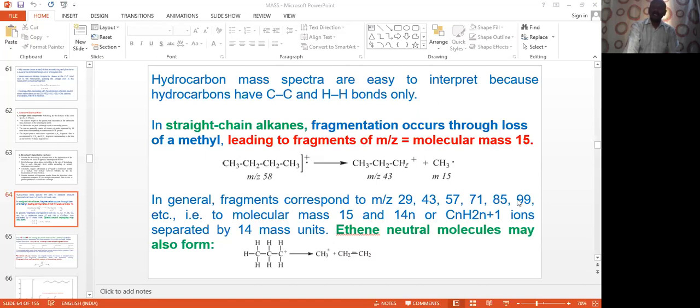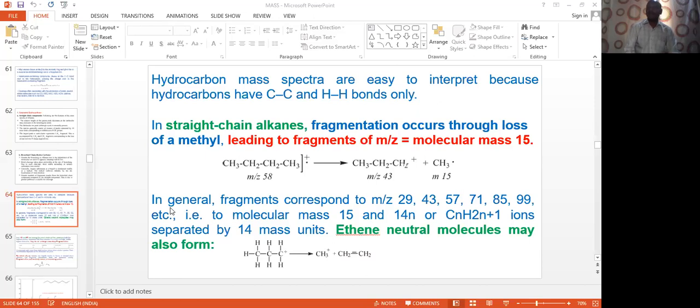And 85 to 99? 14. So in general, in the mass spectrum of saturated straight chain alkanes, you will have this cluster of peaks which are separated by 14 mass units.